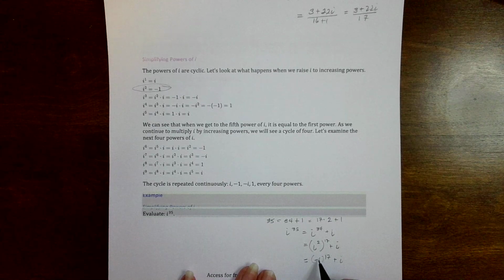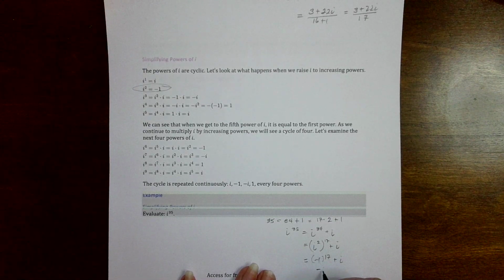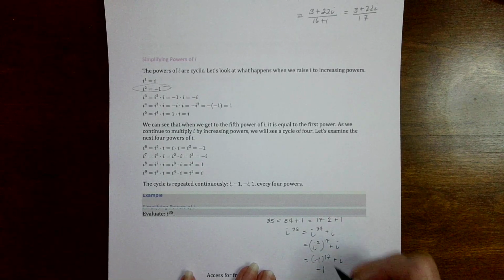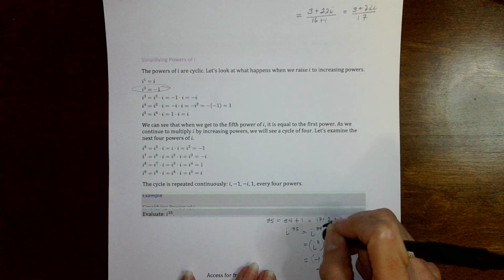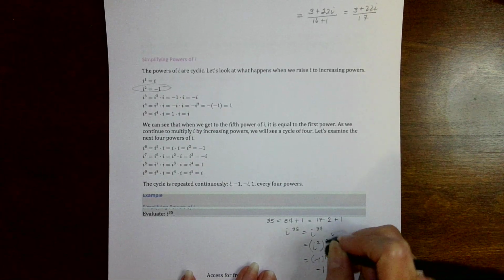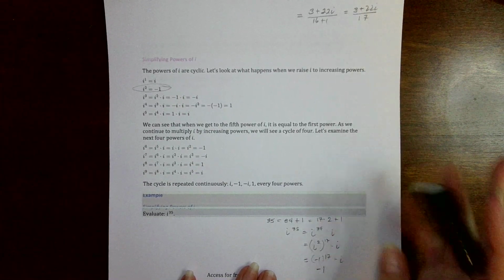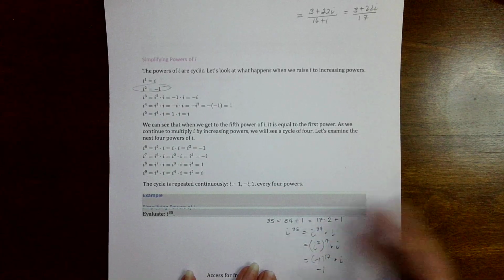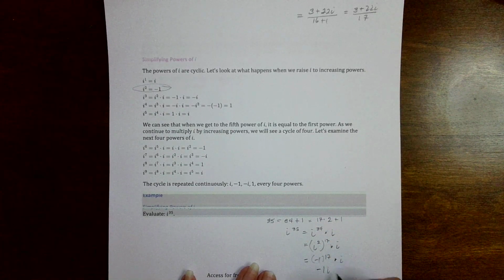If I take -1 to an odd power, it remains -1. And that's not a plus, is it? It's a plus in your exponents, right? But it's a multiply. Shame on Amy. So that's -1 times i, or just -i.